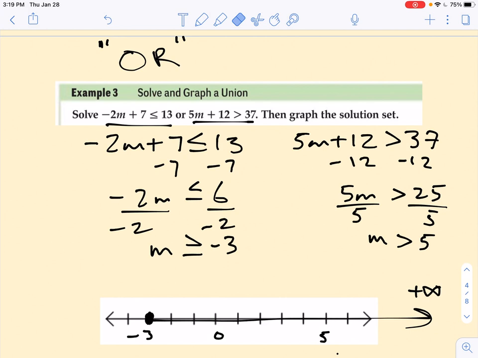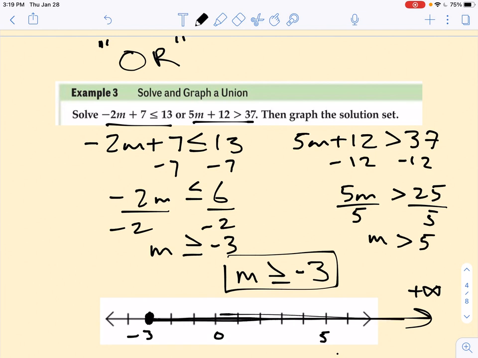So all you need to specify your solution set is m is greater than negative 3. And that's all there is to it. If you graph it, you're only going to have one dot to show because everything else is included in it, and you just got a fat line that heads off towards positive infinity. So that's a really good example of how OR looks.